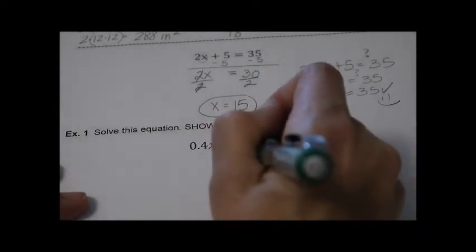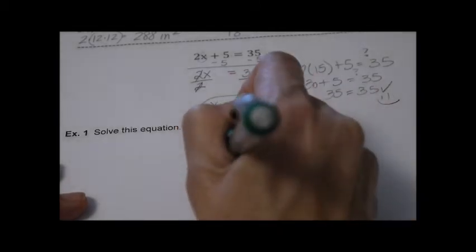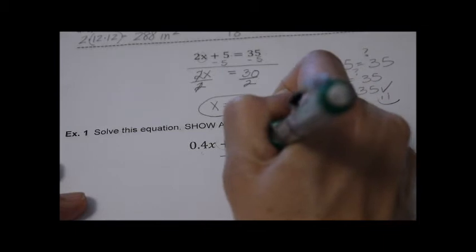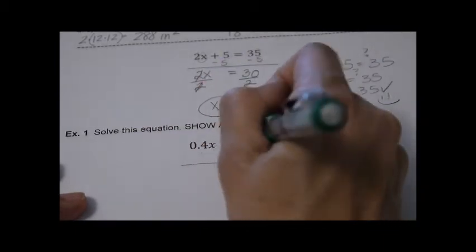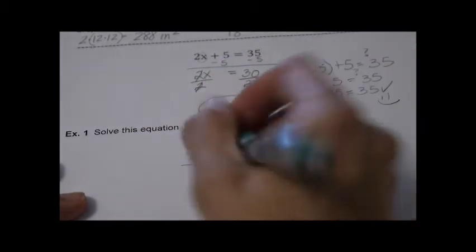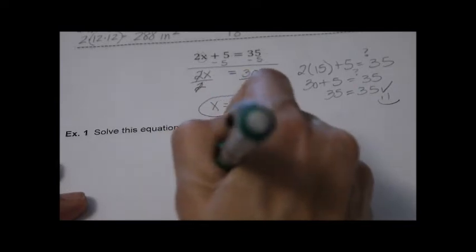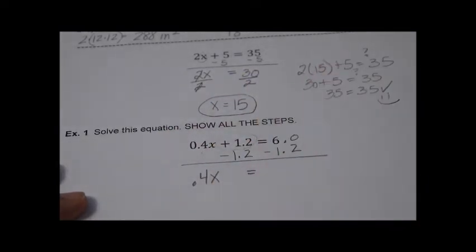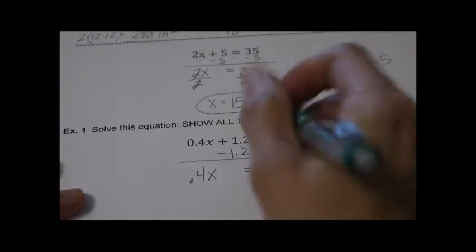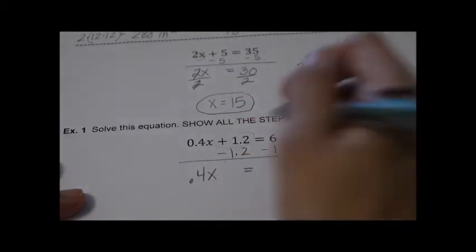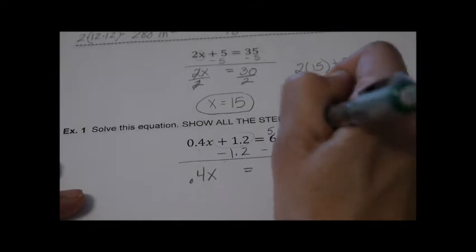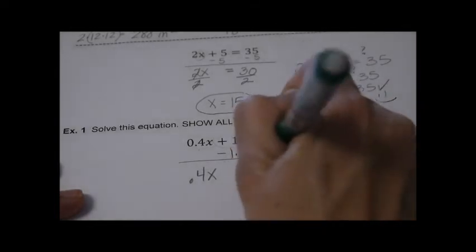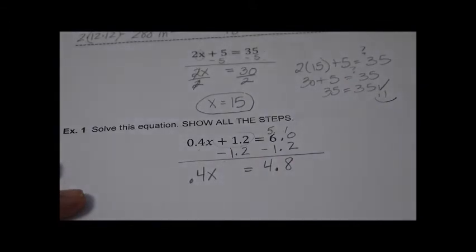So if we have plus 1.2, if we add negative 1.2, then these are going to cancel each other out, turn into a 0, right? So we have 0.4x equals, now we have 6, and I'm going to give it a decimal point, and we can just subtract this like we did in elementary school. All right, 10 minus 2, line up those decimals, we get 4.8, right?